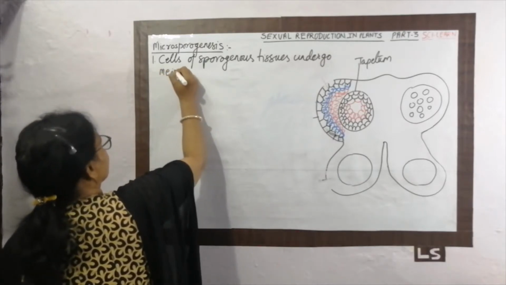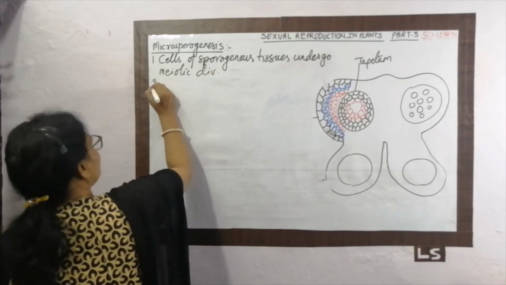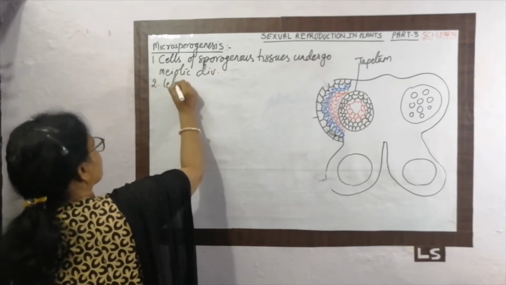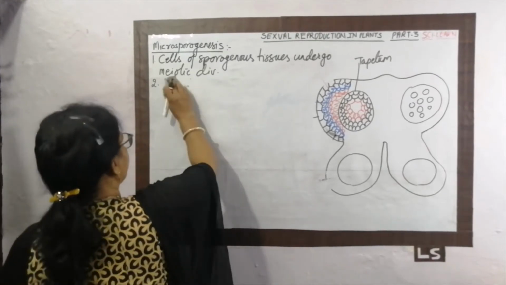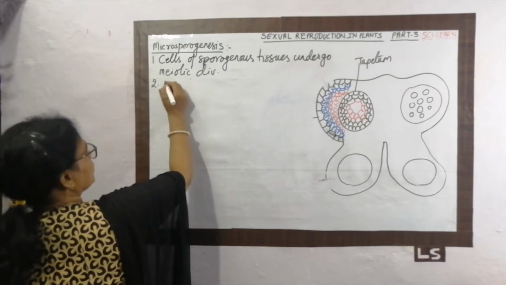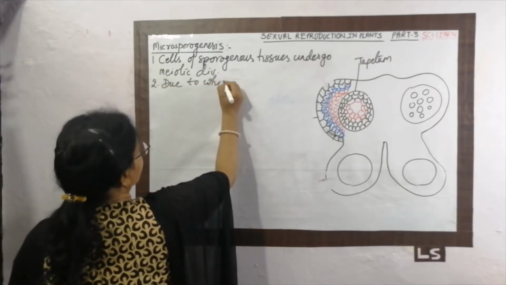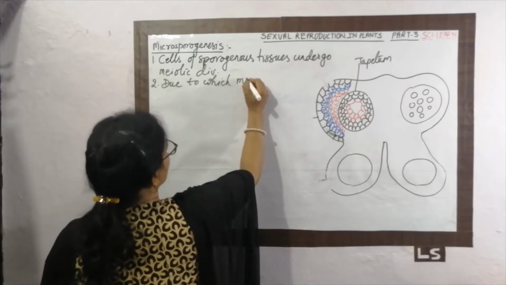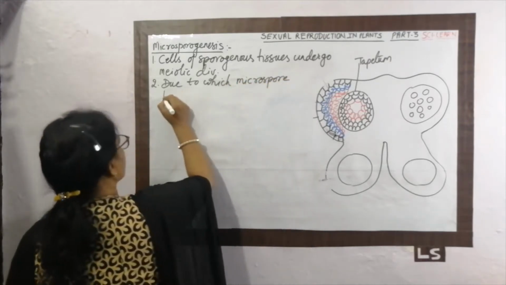Due to meiotic division, the tetrad, or microspore tetrad, is formed.